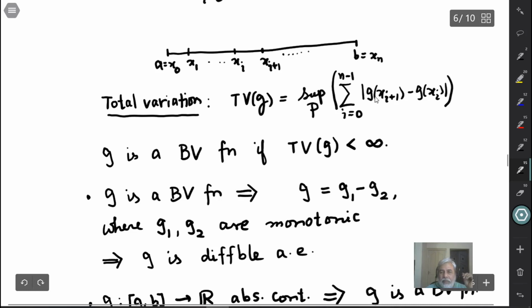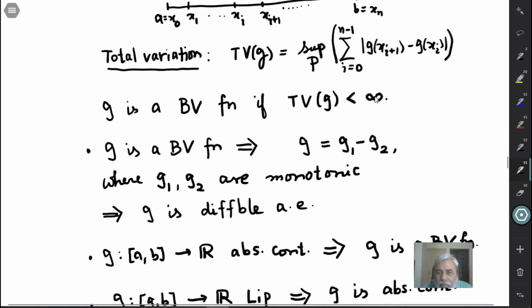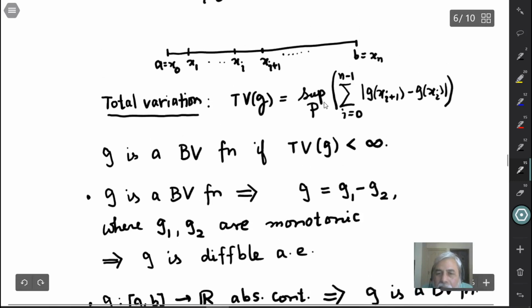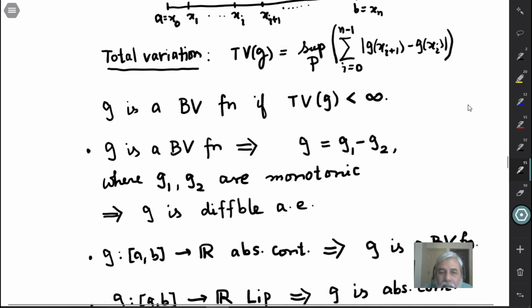When you go to higher dimension, this will not suffice, so one has to obtain an alternate definition of this total variation. So this is the definition of a BV function. If this total variation is finite, then you call it a BV function.